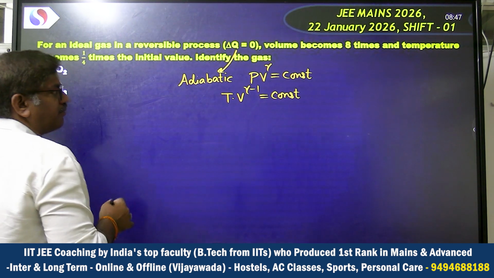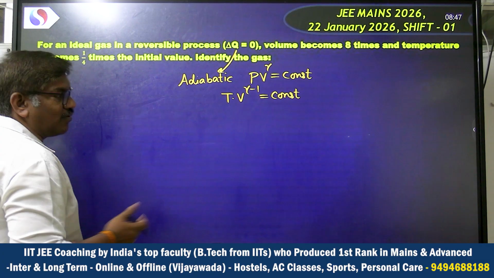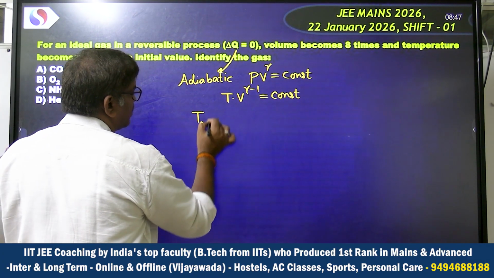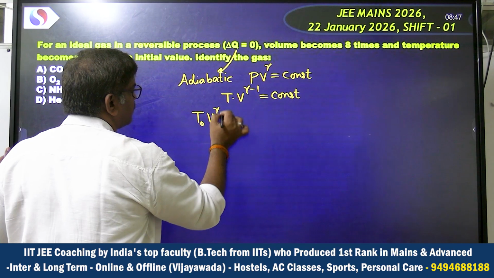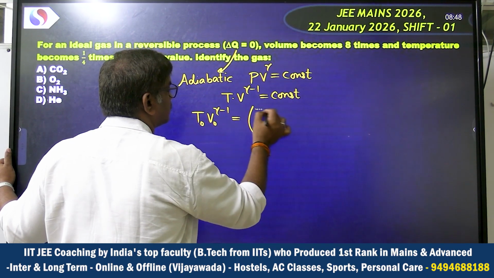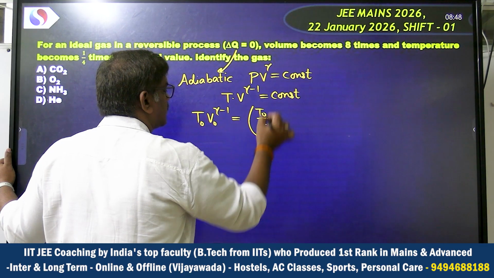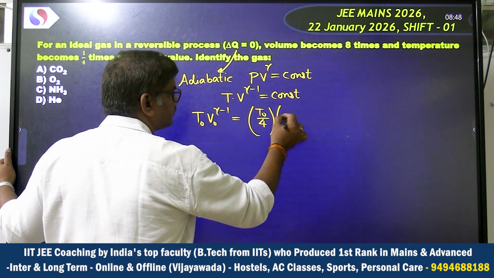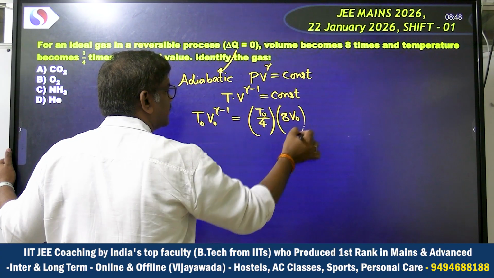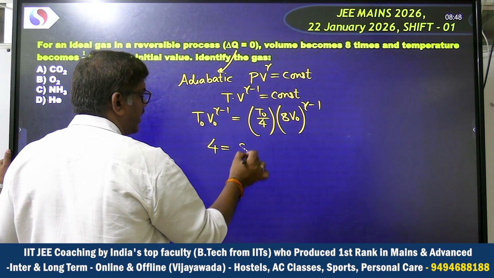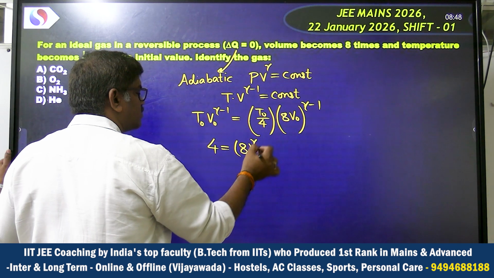So by the given values, can we calculate gamma? Yes. If the initial temperature is T naught and initial volume is V naught, then the final temperature becomes 1/4, and the final volume will be 8 times, to the power gamma minus 1. That gives 4 equals 8 to the power gamma minus 1.